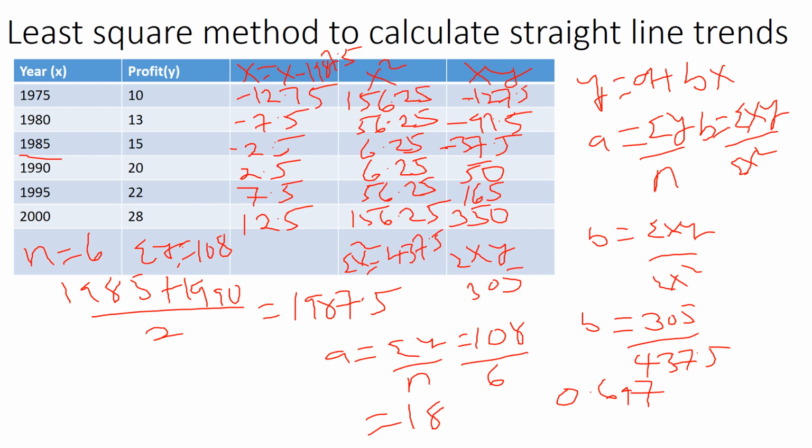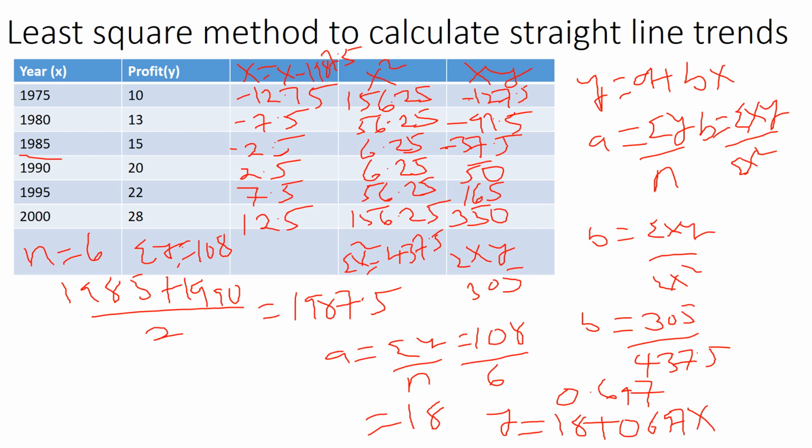So now if we want to get our equation that connects the two variables, we have y equals 18 plus 0.697x, since our equation is equivalent to a plus bx.